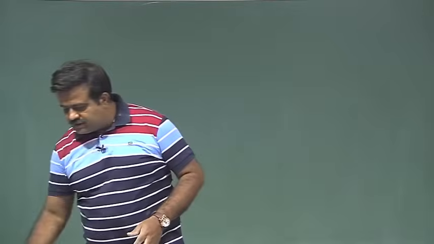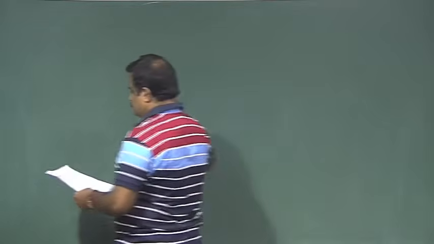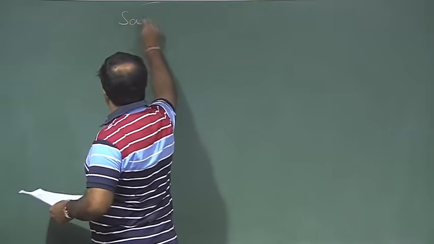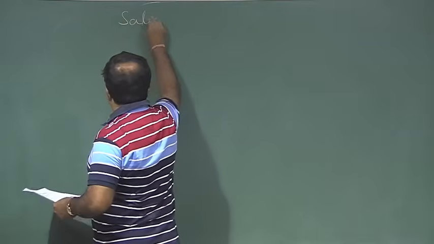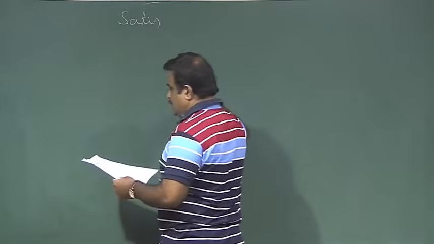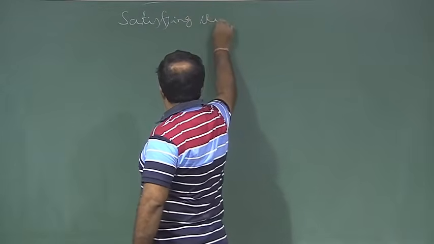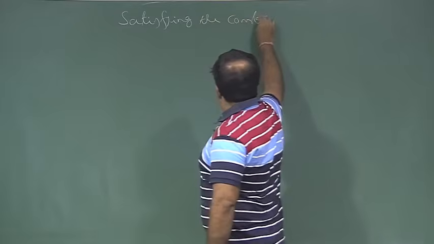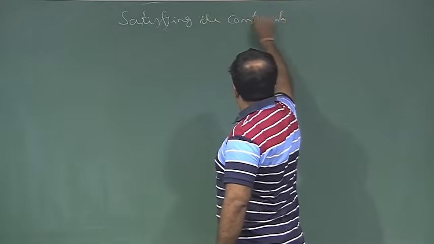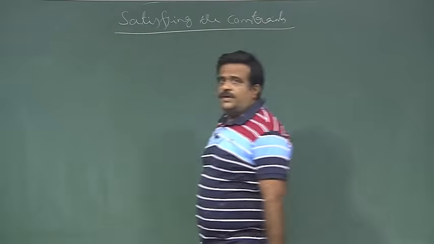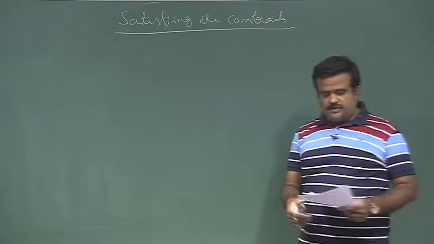Okay, so let us write this. This is the feasibility case, or satisfying the constraints. Here there is no negative cycle, so that means we have a solution.